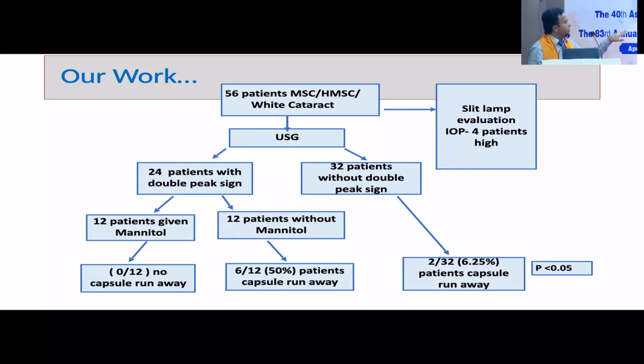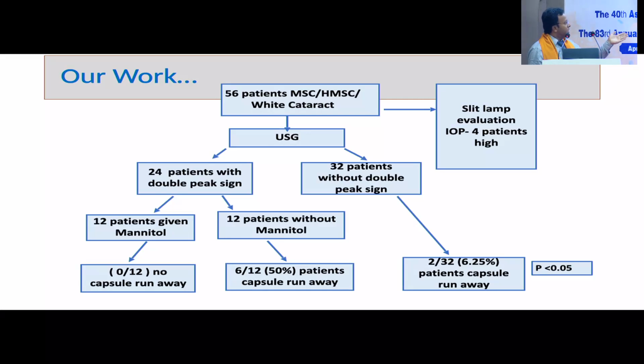Among the 24, in 12 we gave mannitol to reduce the posterior thrust, the vitreous upthrust or posterior interlenticular pressure, so that when we enter the anterior capsule, the lens will not come forward, reducing complications.